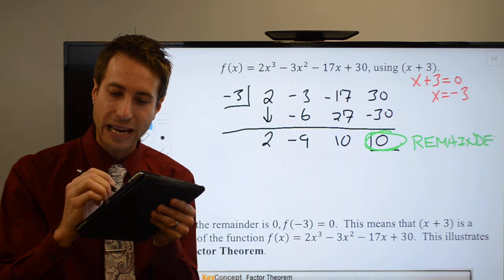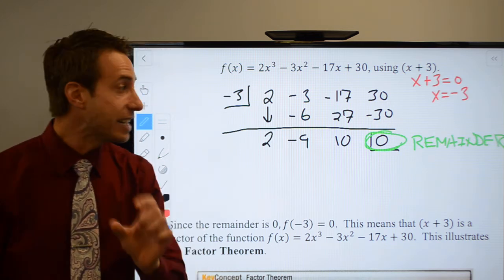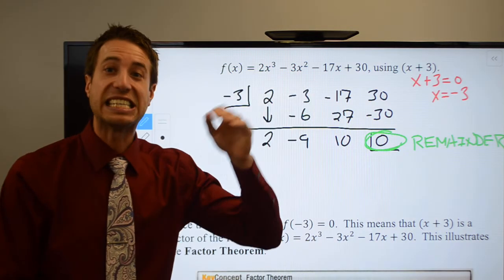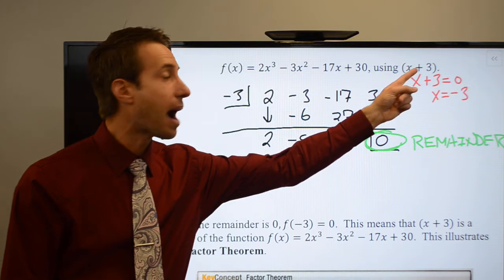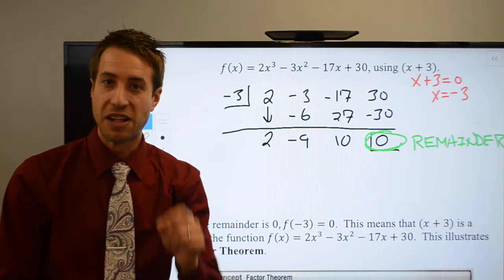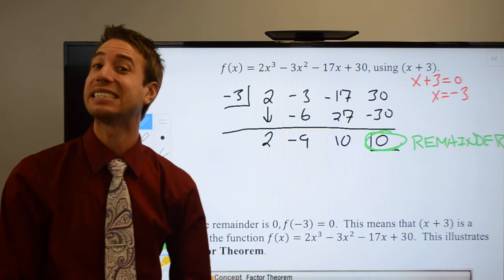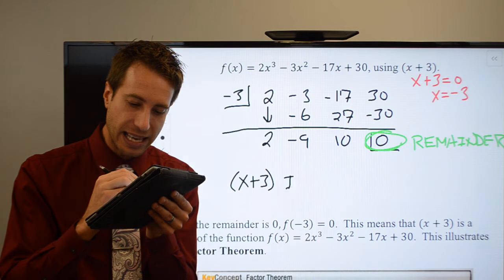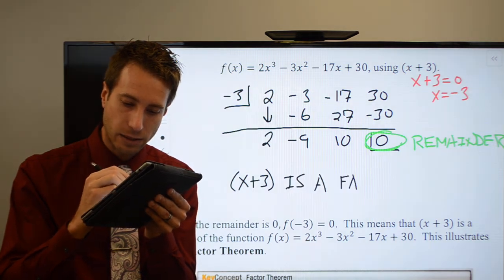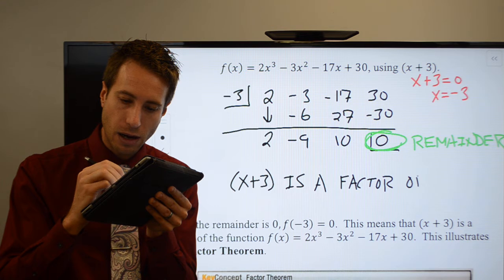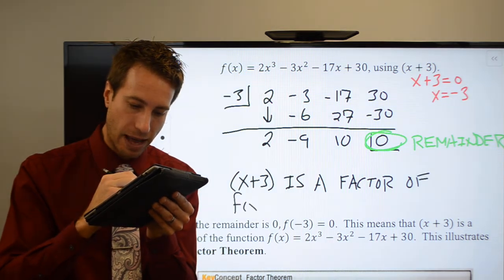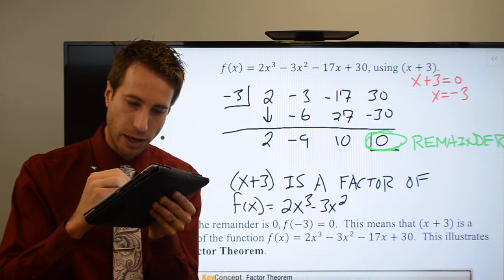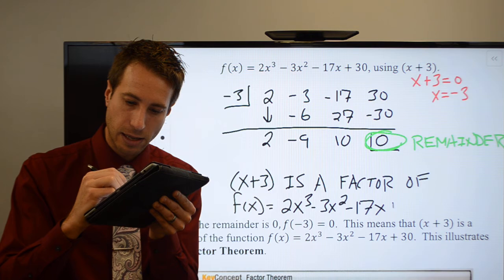Now, remember what a remainder of 0 means. When you get 0 as a remainder, that means that this polynomial is evenly divisible by the quantity x plus 3. This is really, really important because what it tells me is that x plus 3 is a factor of the polynomial f of x equal to 2x cubed minus 3x squared minus 17x plus 30, right?